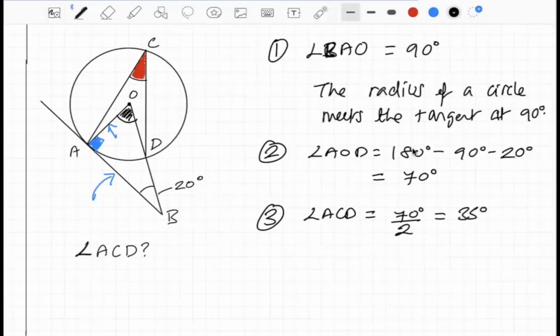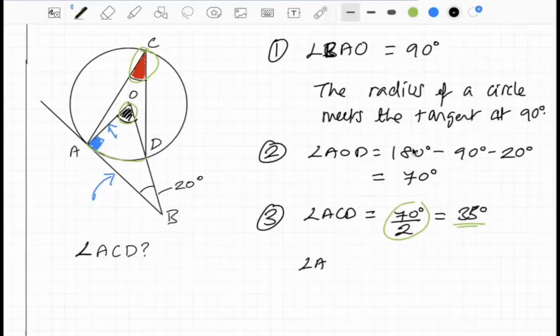Because of a rule that we touched on earlier, which is that for angles subtended by the same arc, in this case arc AD is subtending angle AOD and ACD. So for angles subtended by the same arc, the angle at the center is twice the angle at the circumference. So ACD is going to be half of AOD, which is 70. So ACD is going to be 35 degrees.